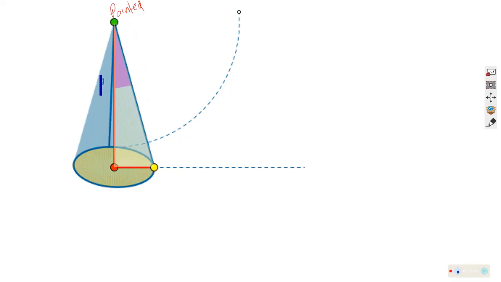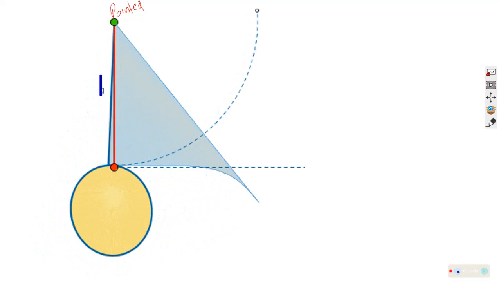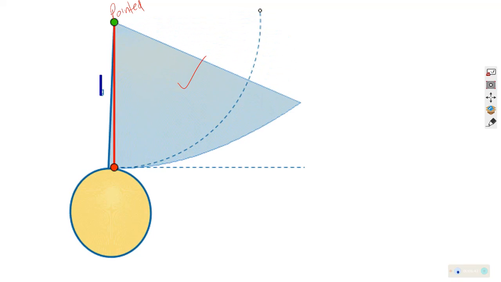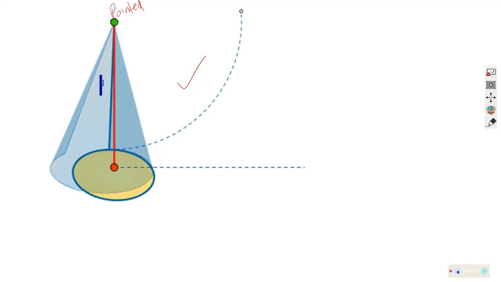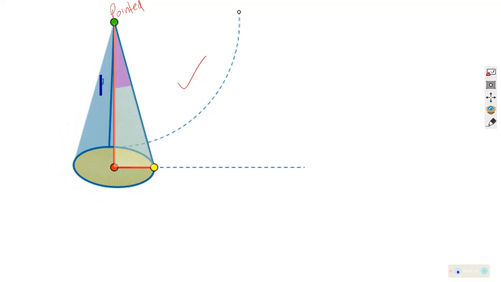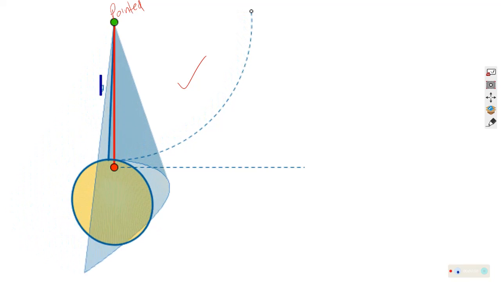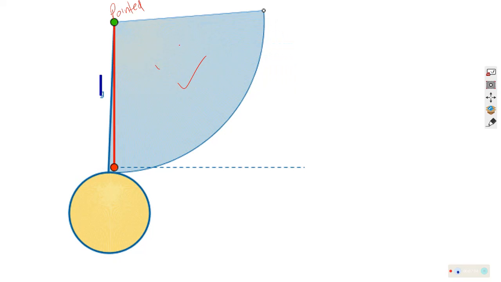Correct? Understood? So if we can find out the area of this one, naturally we are in a position to find out the curved surface area of the cone. But to find out the area of this figure, which you are not so familiar with, this appears like a sector.